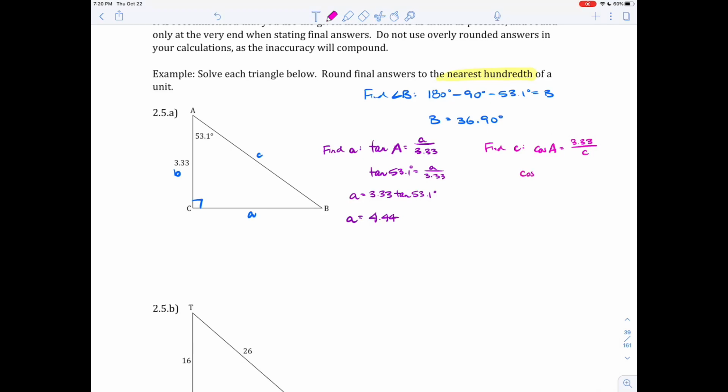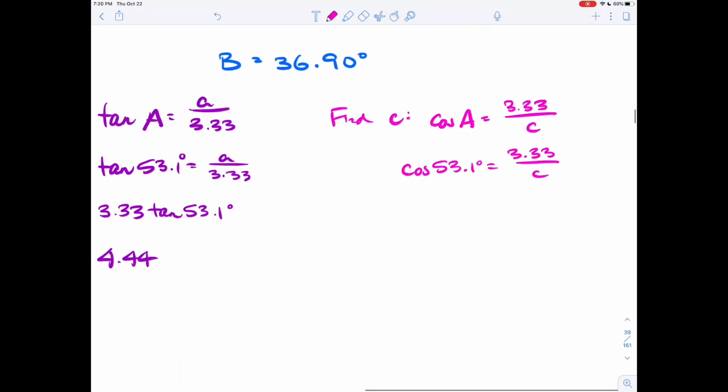I can specifically say that cosine of 53.1 degrees is 3.33 over C. Thus, C is equal to 3.33 divided by the cosine of 53.1 degrees. And for that, I get a value of 5.55.